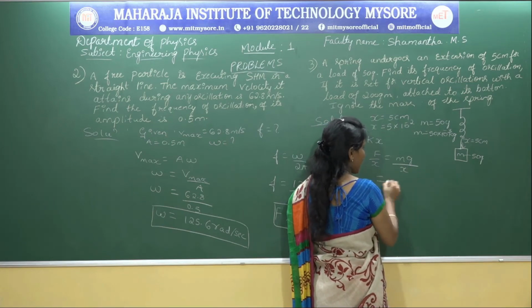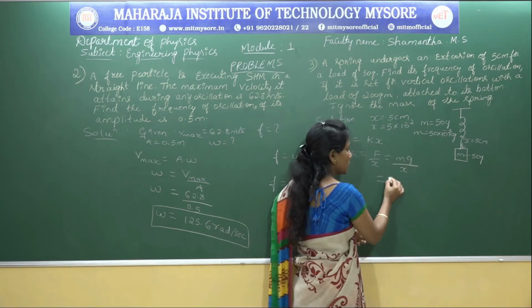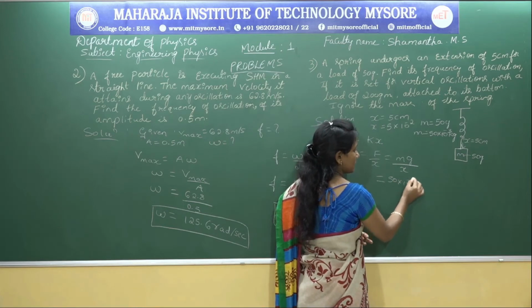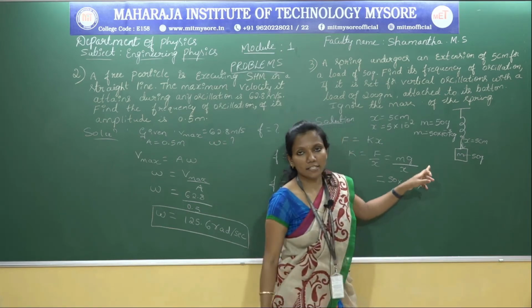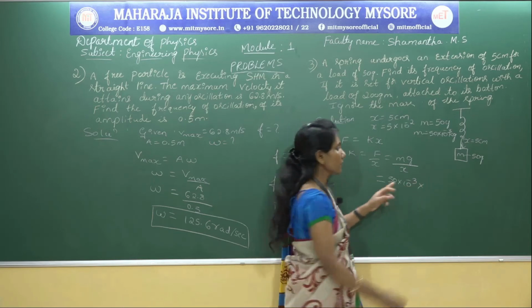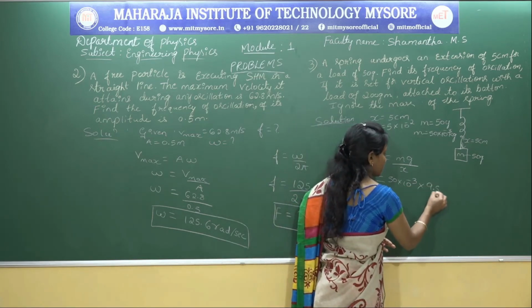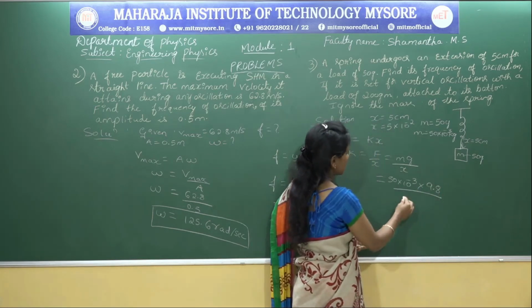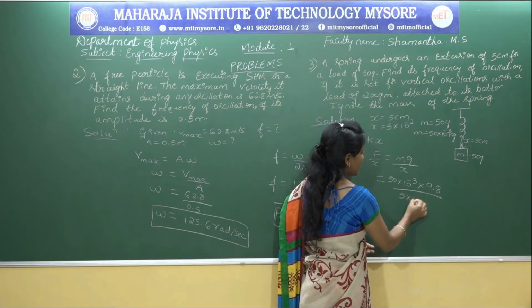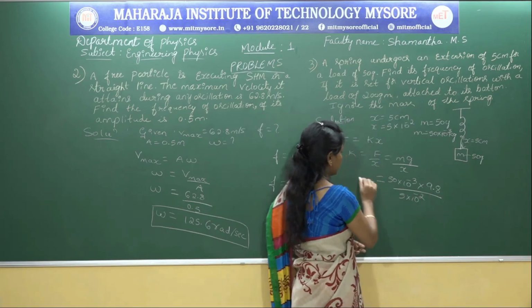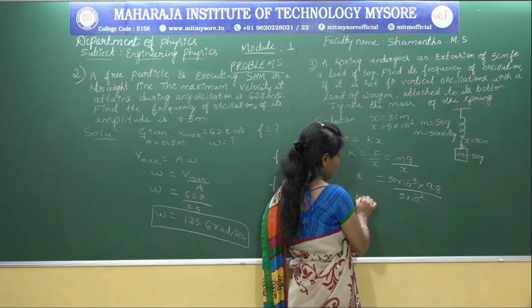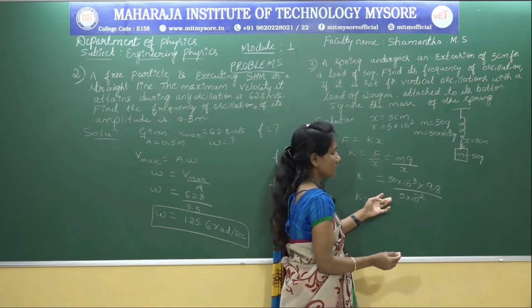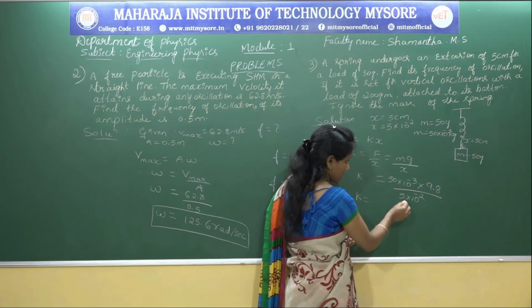So, what is the m value? 50 into 10 raised to minus 3, and g, acceleration due to gravity, that is 9.8. And what is the extension? 5 into 10 raised to minus 2. So, if we calculate this, then what will we get?